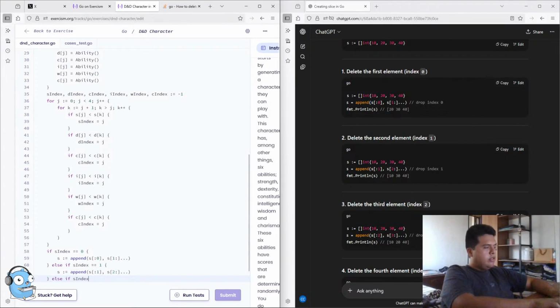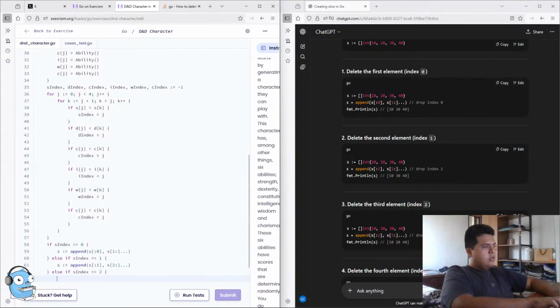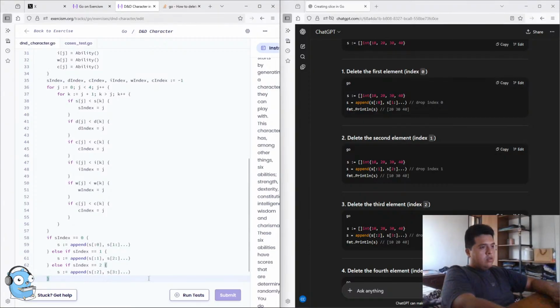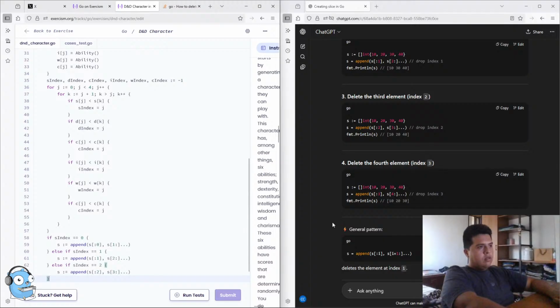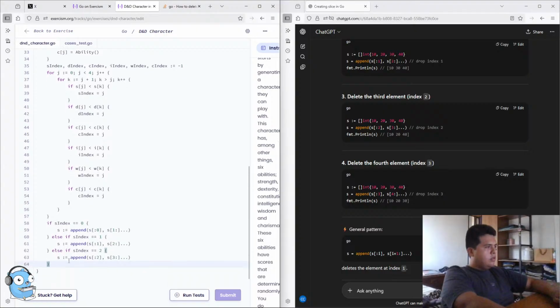Else if s index... append s2 and s3. Else if s index... else s equals append.